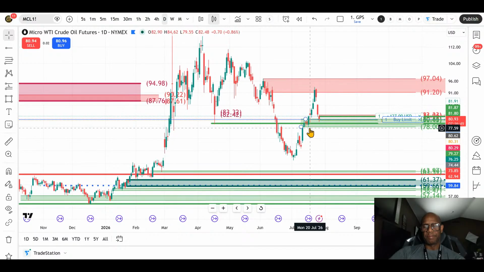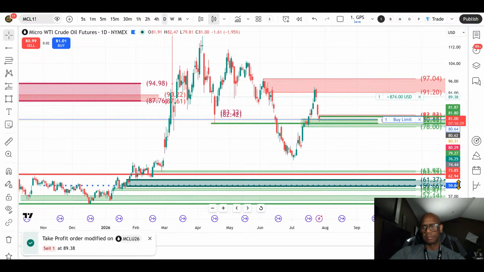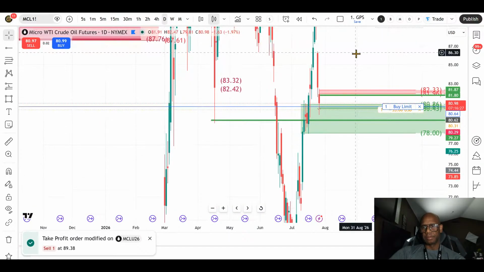Not in the best location in the world, but yeah. If we could get this profit here, even better. That would be maybe two contracts as well, looking to get up into that area, which is definitely cool.